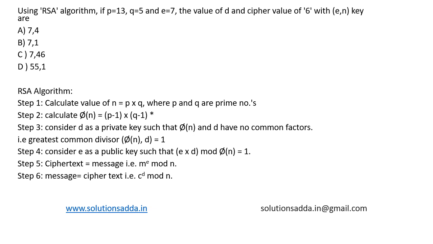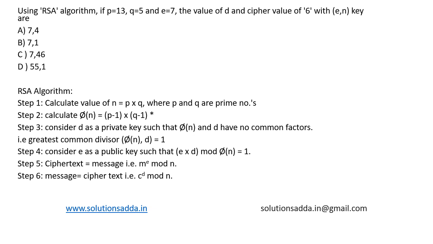The basic steps are, in step 1, we calculate the value of N using P into Q, where P and Q are sufficiently large prime numbers. Then we calculate phi of N, that is equal to P minus 1 into Q minus 1.